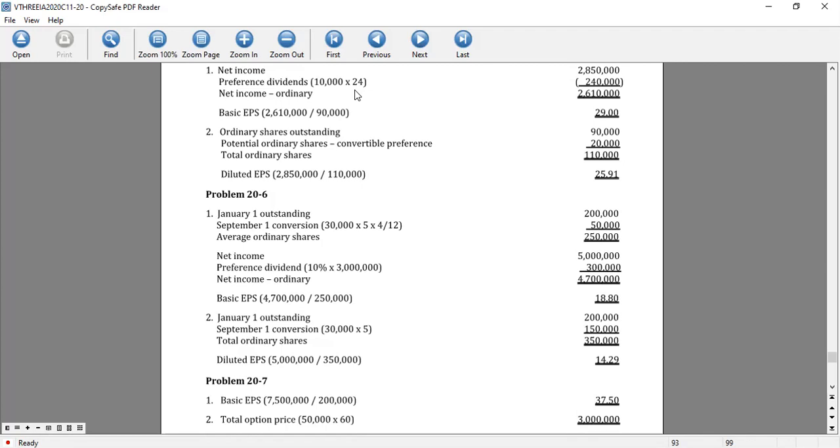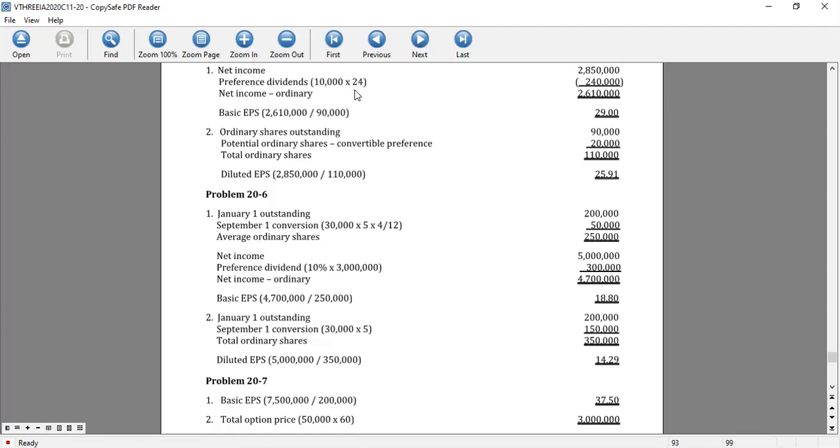So we have number 2 requirement, the January 1 outstanding shares. Then we add the converted shares after conversion. Total ordinary shares is 350,000. Thus, we divide 4,700,000 divided by 250,000 ordinary shares.